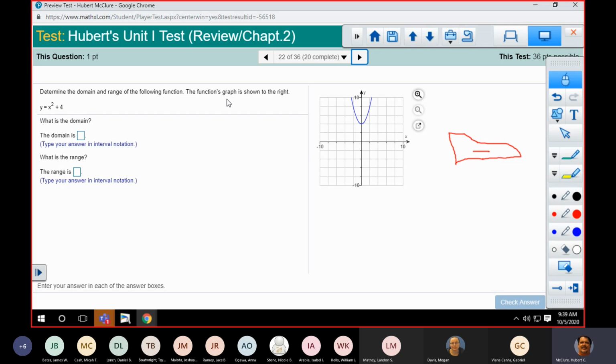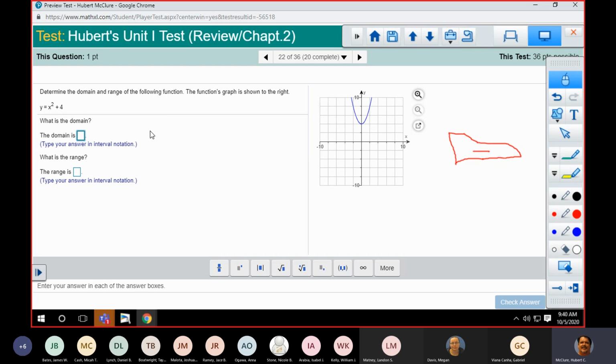Determine the domain and range of this function. Domain, since this is x squared, they should put arrowheads on this. I read it as negative infinity to positive infinity. Remember me telling you, unless it has a radical or a fraction, most of these are going to be all real numbers.